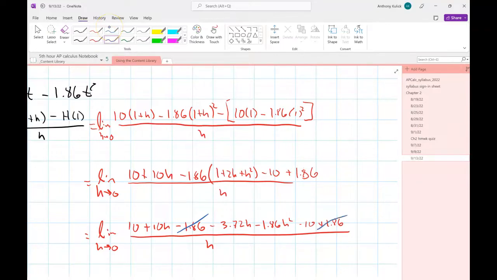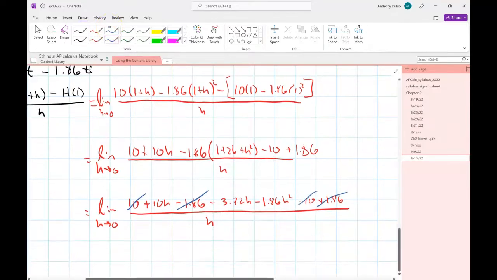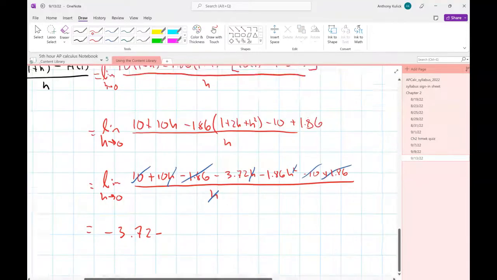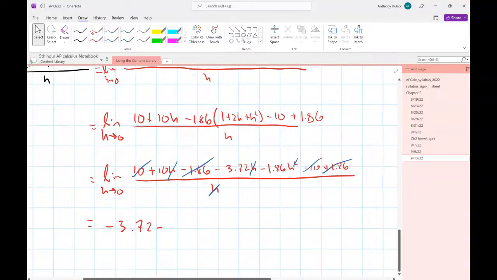So the 1.86 is canceled, the 10s cancel. I notice that everything I have left has a factor of h in it. So I can reduce those. And now I can direct substitute. Oh, there, that can't be right.